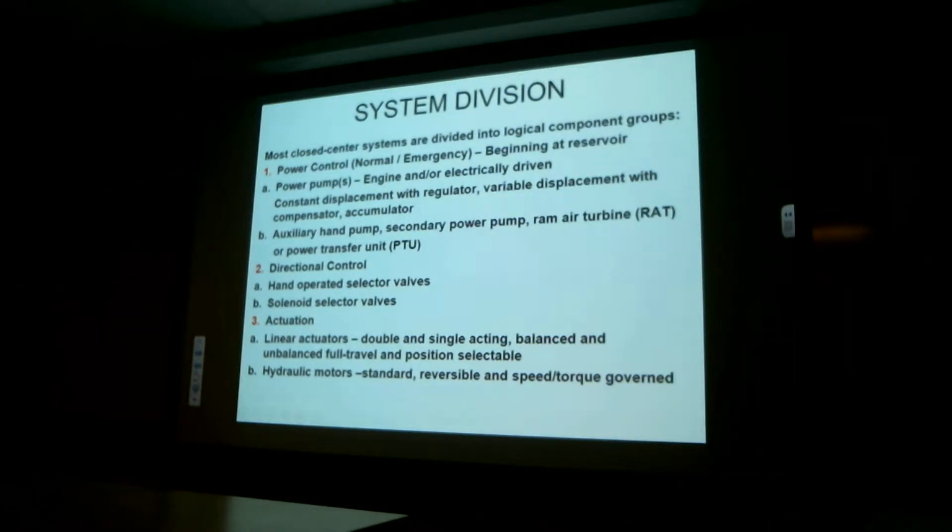Other hydraulic motors are governor controlled. You're trying to drive a constant speed drive, or maybe a generator at a particular frequency, so they'll have a torque governed type of motor to drive them. But this is the basic breakdown for most hydraulic systems: power control, directional control, and actuation.